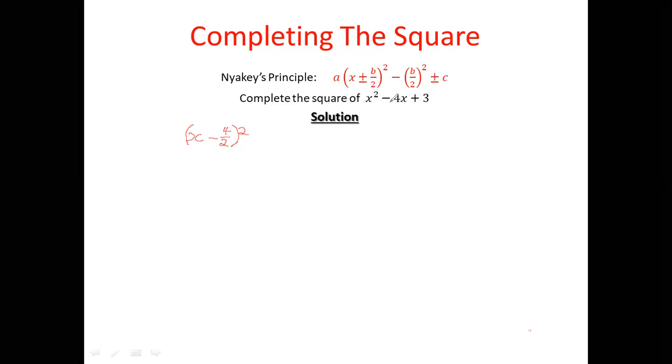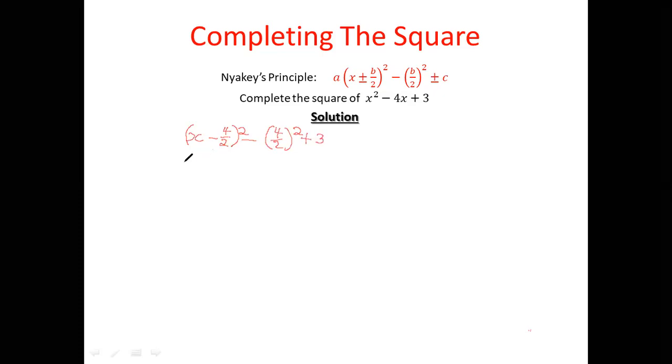So what is our b? Our b is negative 4. So we divide it by 2. So negative 4 over 2. Then we have minus after that. Then we have b over 2 again all squared. So we have 4 over 2 all squared. And then we are talking about plus or minus c. So your c is 3, is plus 3. So I'll write plus 3.